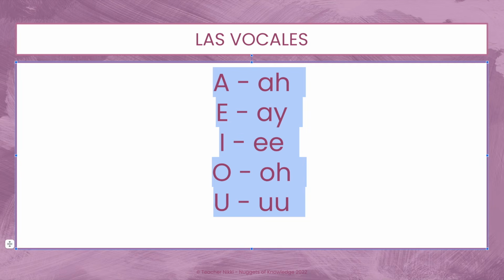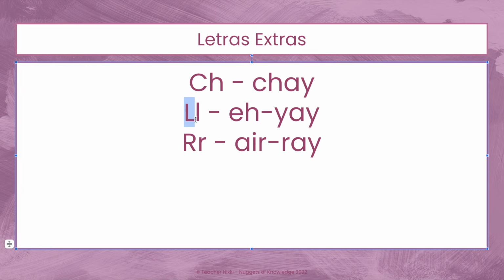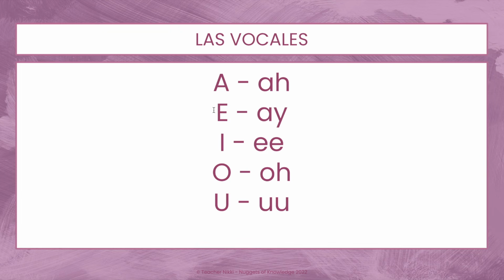There are some letters like the elle, which is a double L and it sounds like a Y, that have a sound that maybe looks different than the way it reads, but the vast majority of the time, it's a phonetic language, so the way it looks is the way that it sounds.